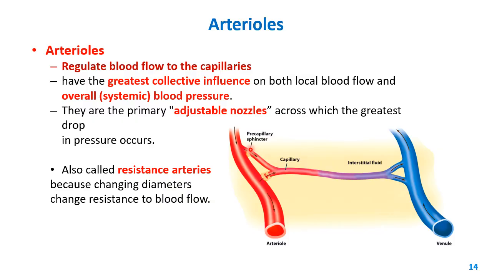When the arterioles contract those sphincters, that's when you can control the resistance of the blood flow. So basically the direction and the resistance and the overall flow is going to be controlled by those very much adjustable nozzles present at the arterioles. Okay.